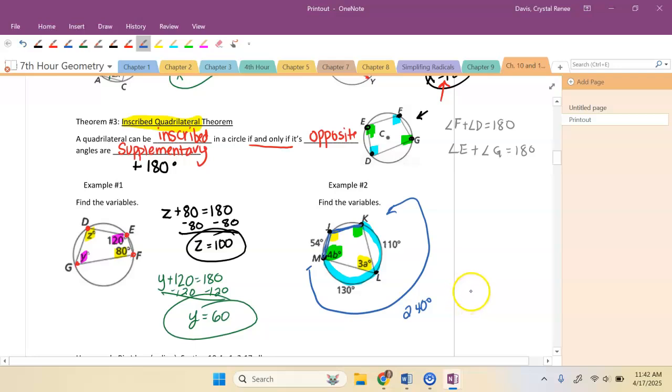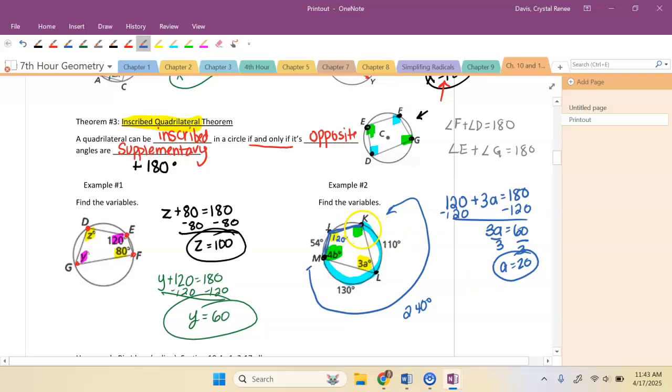And remember our first theorem of this section is that the inscribed angle is half of that, meaning that this has to be 120 degrees. Now that I know this is 120, remember the yellow ones, J and L, are supplementary, so 120 plus 3A is equal to 180, and then it's just simple algebra, so subtract 120 from both sides. 3A is 60. Divide by 3, you get A then has to be 20 degrees.